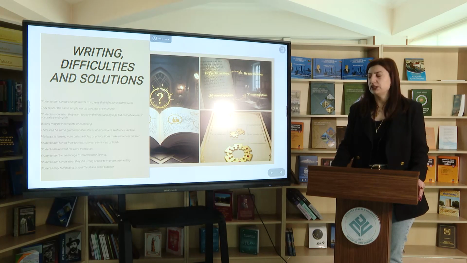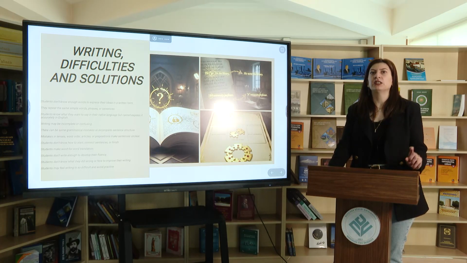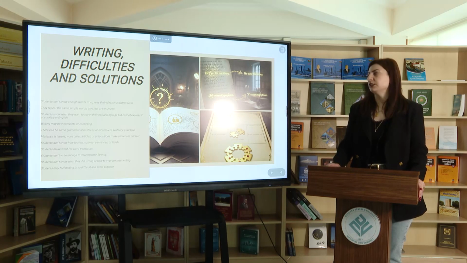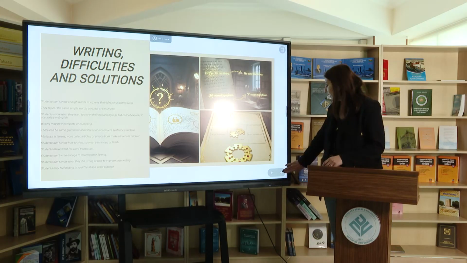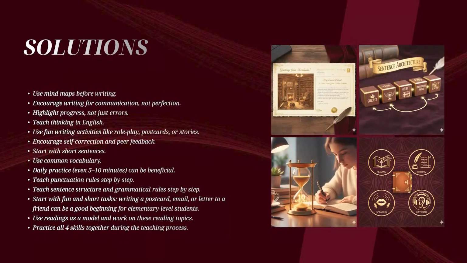So at this stage, teachers should help their students. First, give correct feedback to our students, and it will help them to correct their writing skills. And here I have solutions to this problem. First, we should use mind maps.